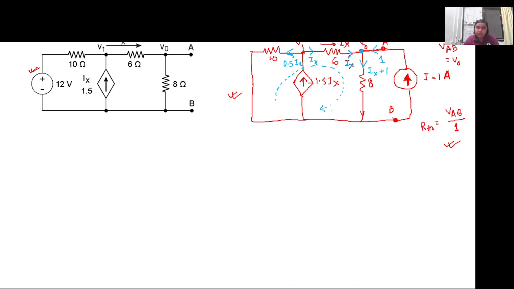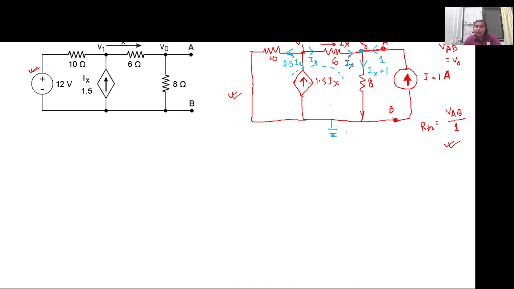We can either apply KVL or we can simply look into the circuit and see whether we can further simplify it. For example, is there any relation between the branch voltages or currents? So let's try that first.